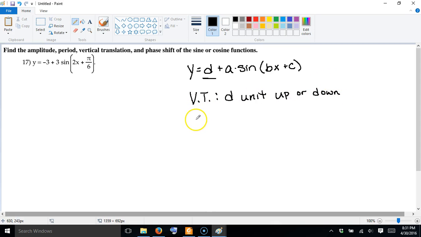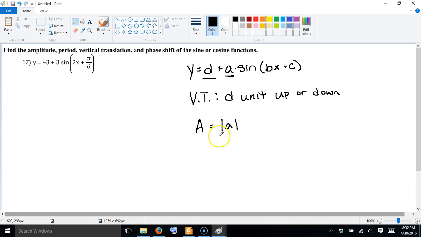And then for A here, A gets us our amplitude. So amplitude is equal to the absolute value of A. So if A is negative, it's the absolute value of it. That's it.